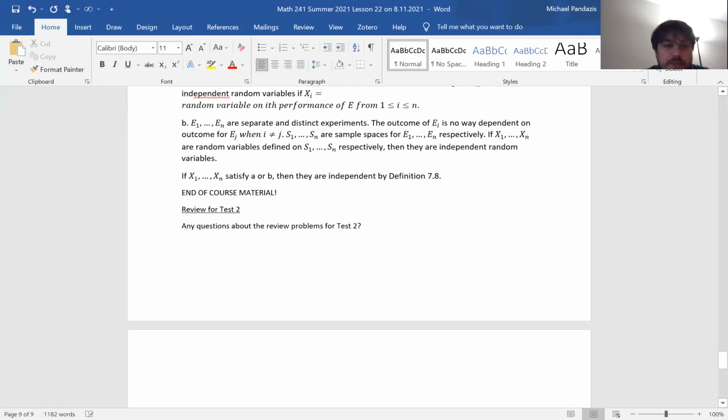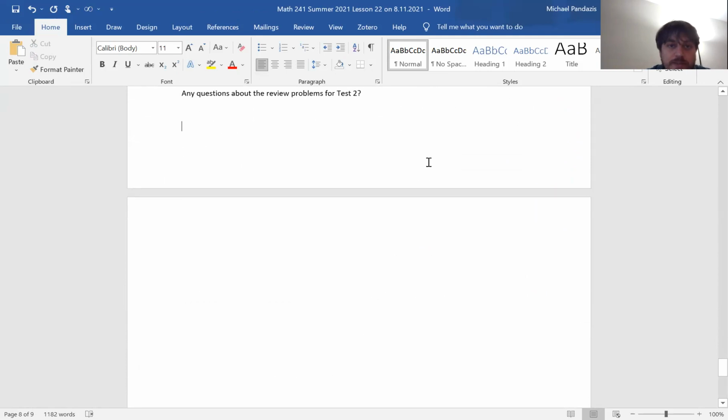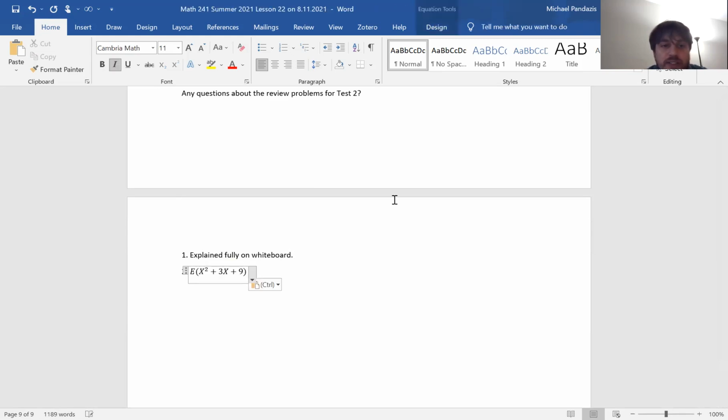Number 1 is explained fully on the whiteboard. Okay, 2, we want to find this expected value, right? Well, this is the same as E of x squared plus 3E of x plus 9.